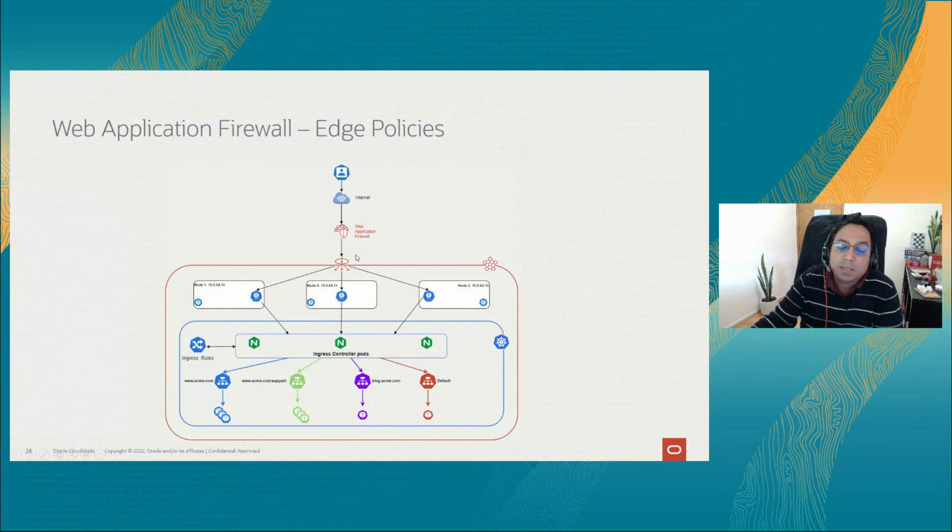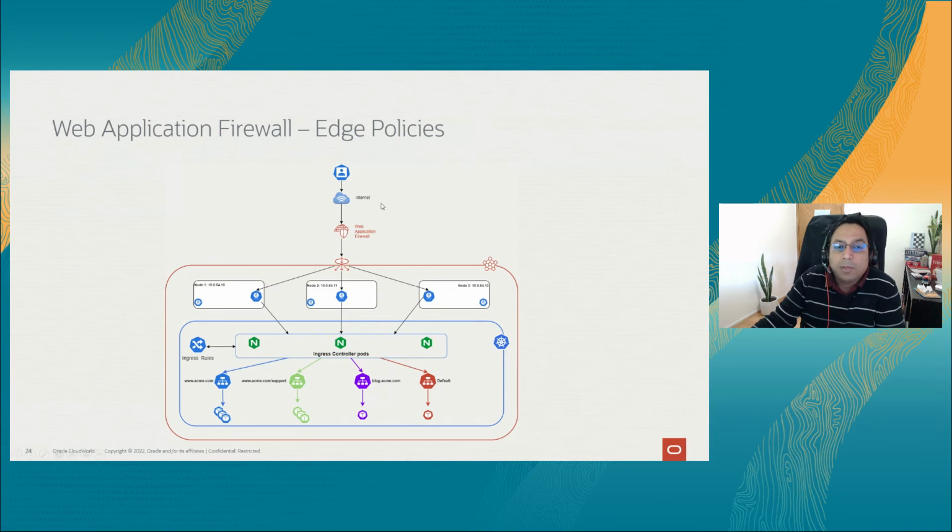What this means is that the OCI WAF has a series of endpoints that exist around the world, and we are indicating to the OCI load balancer to only accept requests coming in from the edge, and requests that are not coming from these edge subnets are going to be rejected.